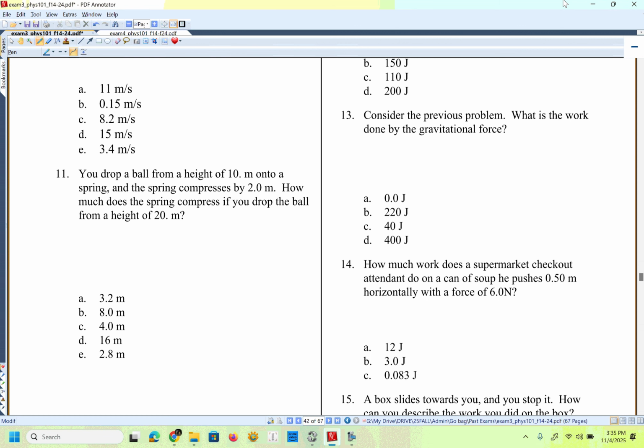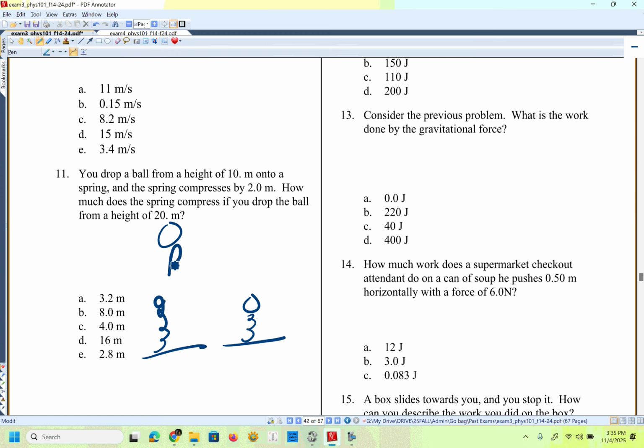I don't know if it's potential energy or kinetic energy, but you'll have one where you have a certain type of energy and then you convert it into elastic potential energy, or vice versa. We worked a couple variations of this. So do you want me to just work it, or do you have a specific question about it? Yeah, of course. So what's happening here is I drop this ball from some height and it falls down onto a spring, and when it falls onto the spring, it compresses that spring.